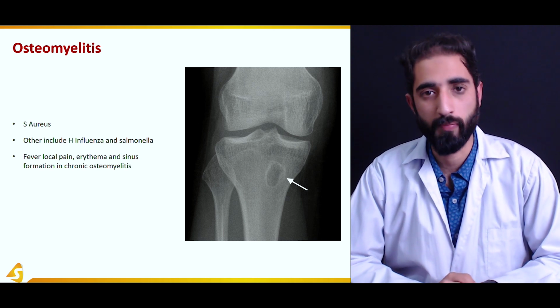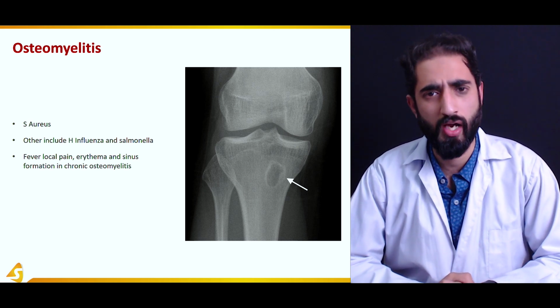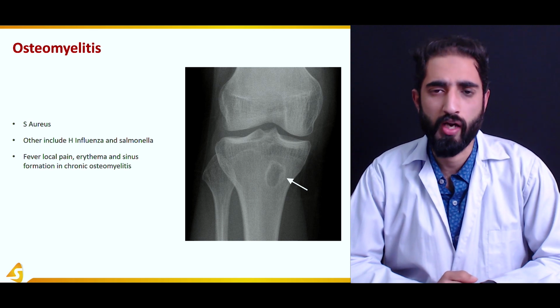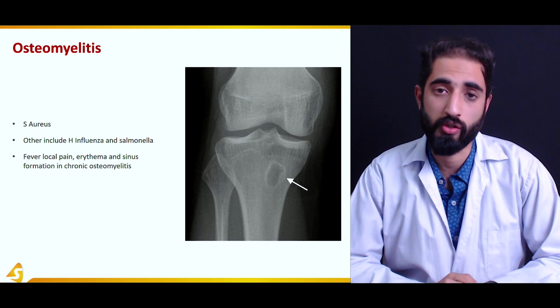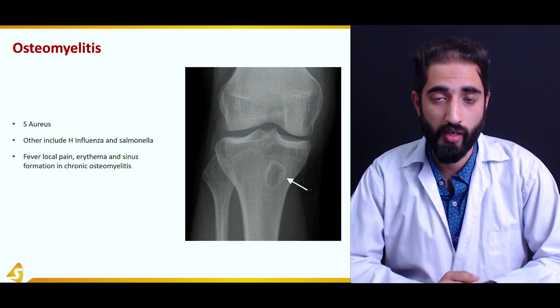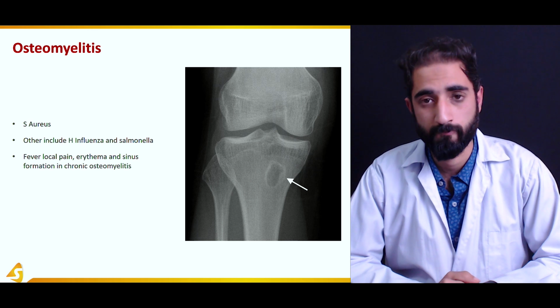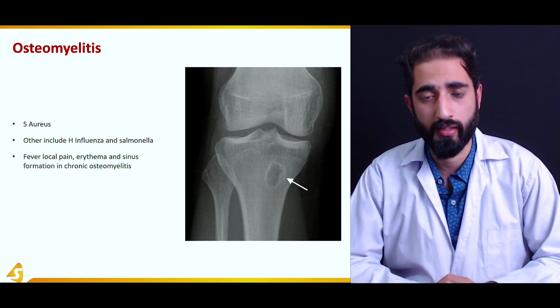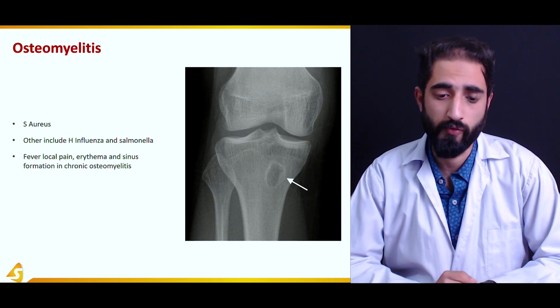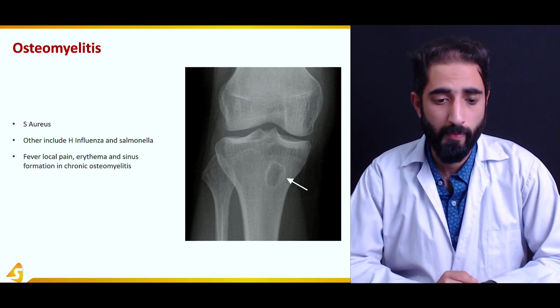There is a lot of blood supply, and thus there is a chance of infection as well. The most common agent which can cause osteomyelitis is a bacteria known as Staphylococcus aureus. Other bacteria which can result in osteomyelitis include Haemophilus influenzae and Salmonella.